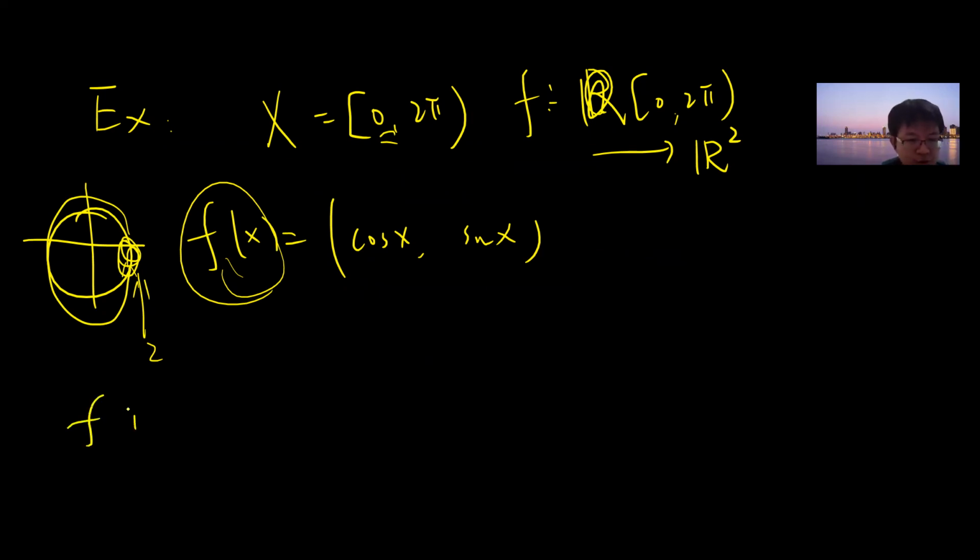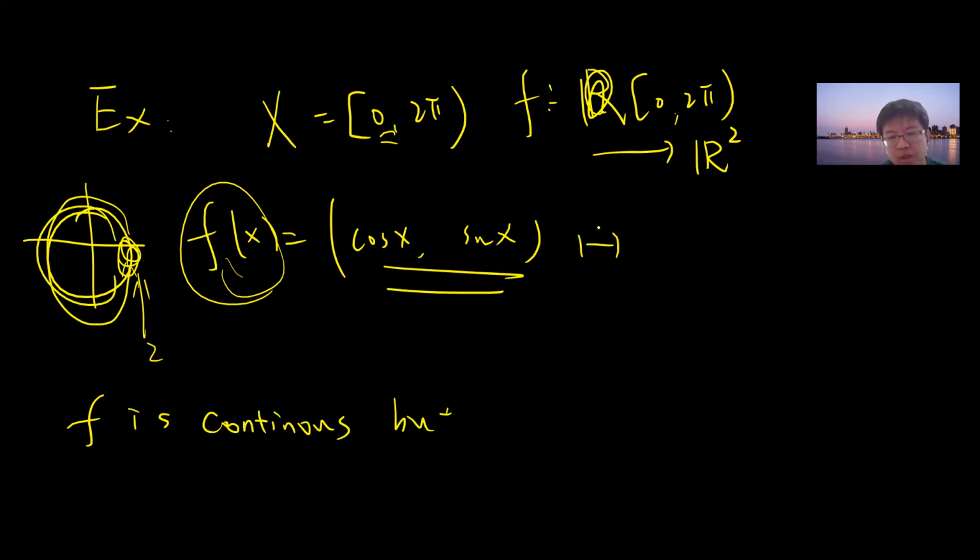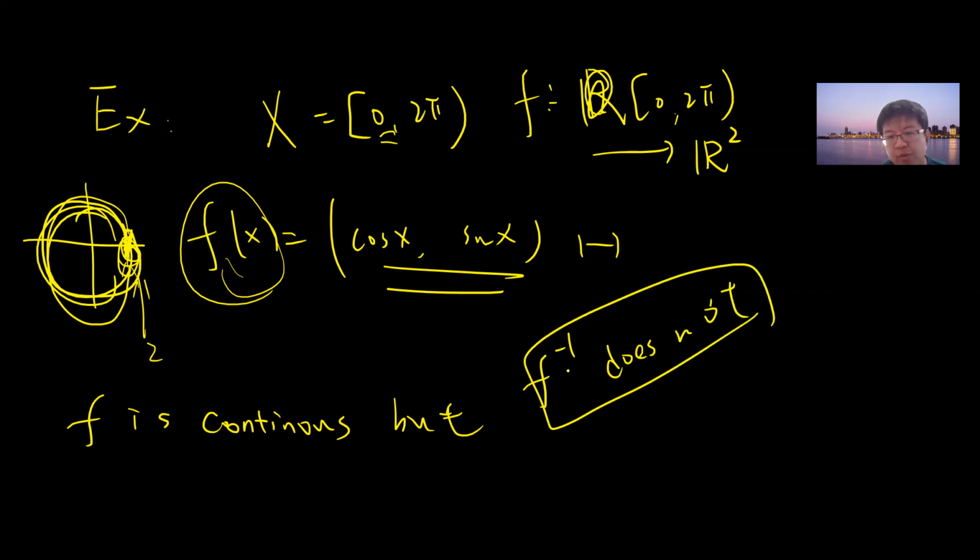So f is continuous, because as you approach 2 pi it goes to 0, and f is still continuous since this is still on a circle. But f inverse is not. This is a theorem that we just proved: if you are in a compact space, then f inverse can be continuous. But now it is not, because f inverse has a gap here.